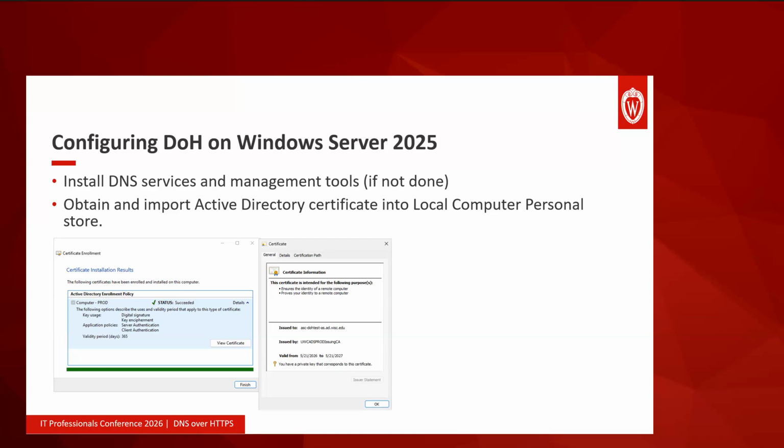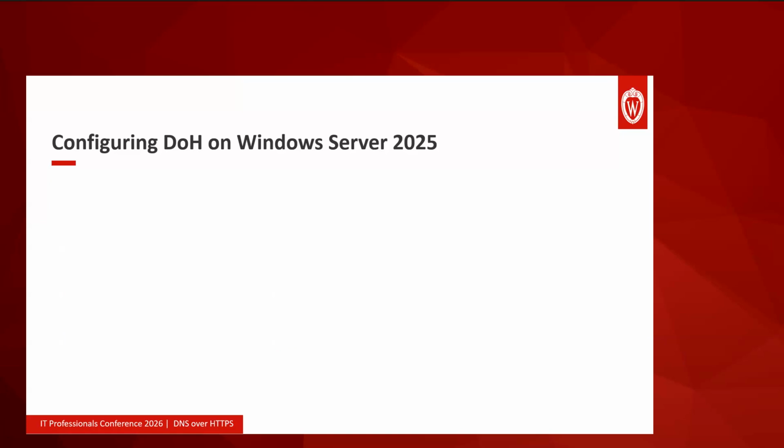You just go into the certificate manager and then request a certificate. The caveat is you want to make sure that it has the server authentication key usage included with it, which the Active Directory one does by default.